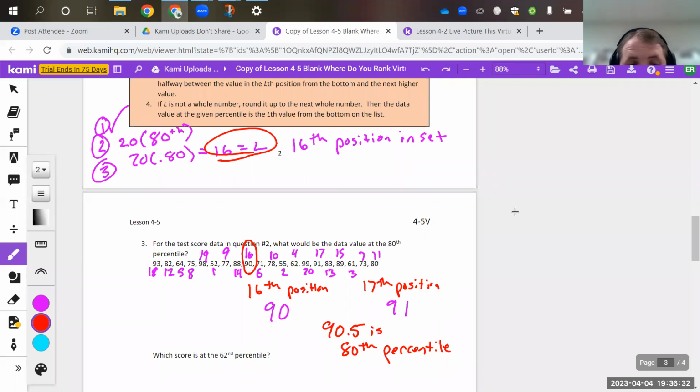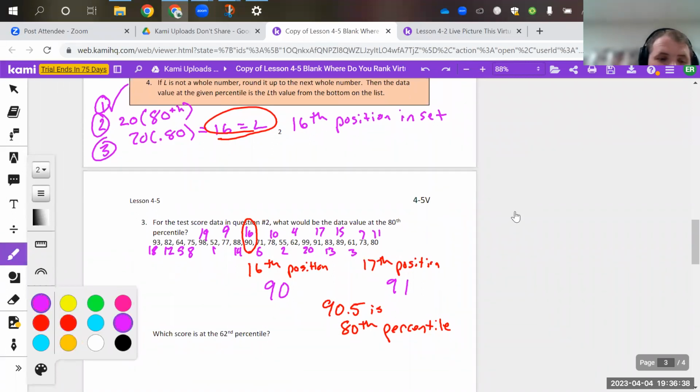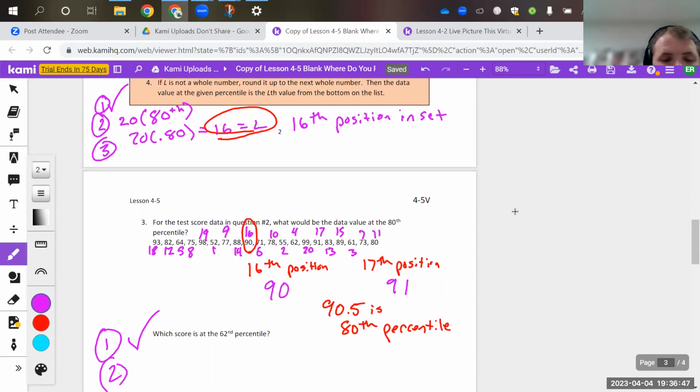So if we do something similar for the second part, it says which score is at the 62nd percentile. Again, our first step is to put them in order, which we kind of did up there. We cheated a little bit, that's okay. Second step was to take the number of values, which was 20, and multiply it by the 62nd percentile.